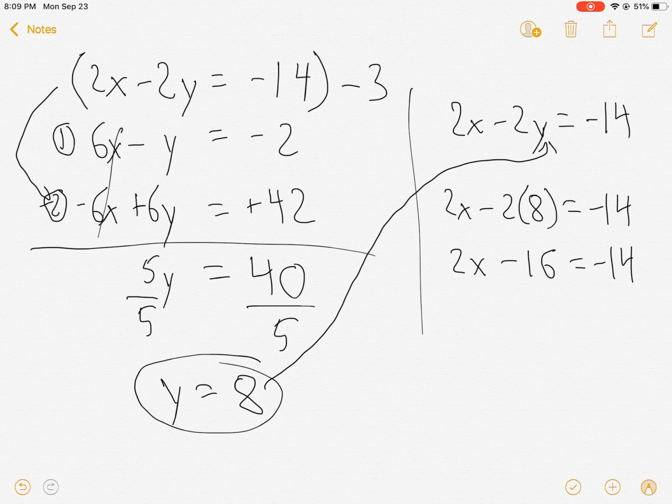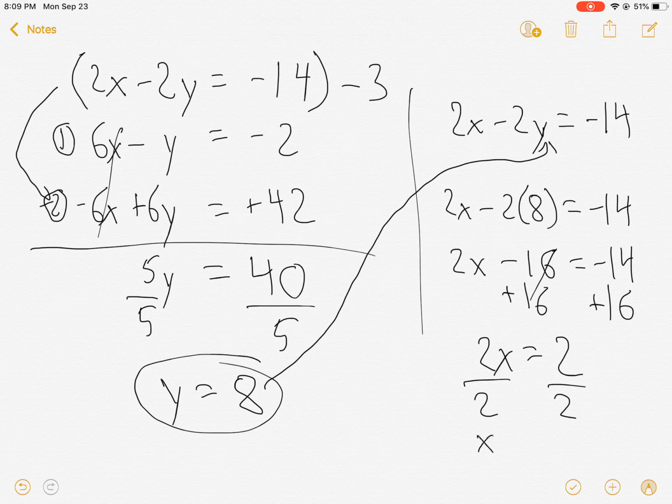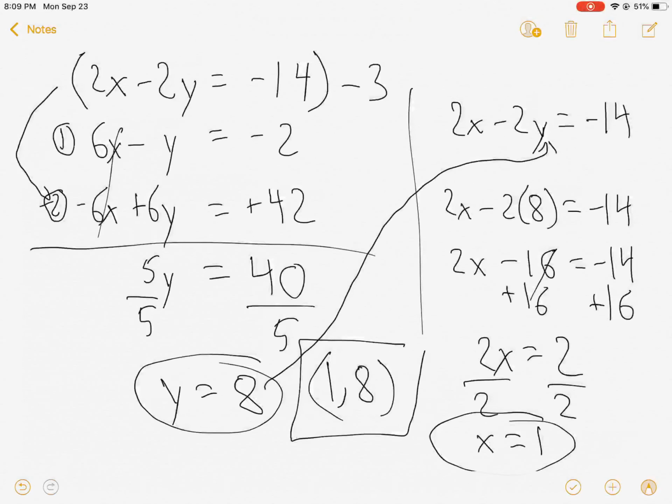I'm trying to get the x by itself, so it'd be a good idea to add 16 to the other side, giving me 2x equals positive 2. Then I just need to divide by 2, and I get that x equals 1. Meaning, I have a final answer of (1, 8) as a coordinate pair, meaning x equals 1 and y equals 8.